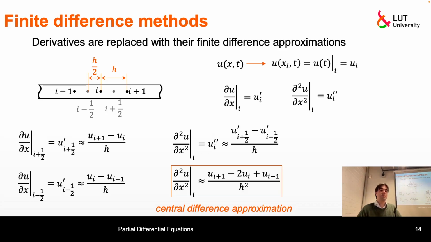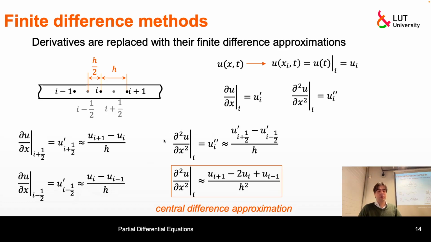Its accuracy, of course, depends on how far apart I take those points. If I take them infinitely close to each other, then that would be precisely the derivative. Similarly, at this left gray point, I have these values. These were about first derivatives.